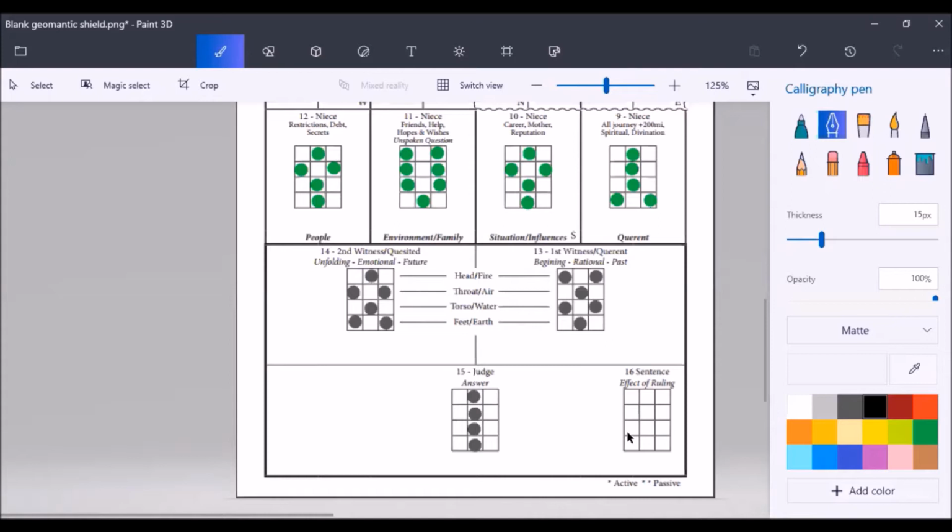Who's inquiring? The who involved, whether that's you, your client, etc. The quesited is the thing being asked about, what the inquiry is over. That's the what.